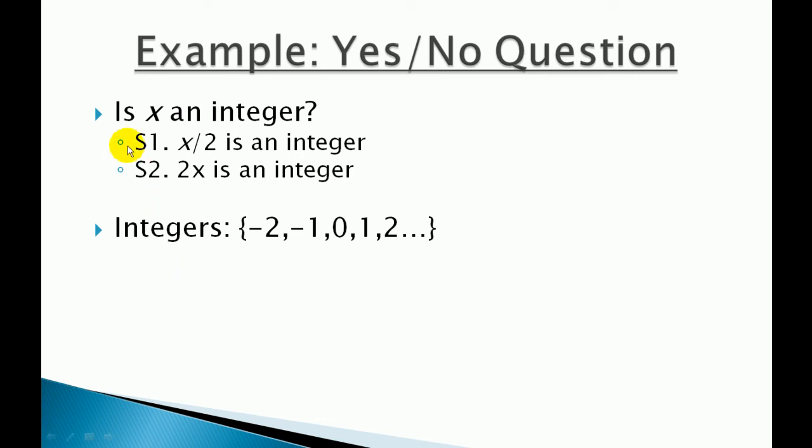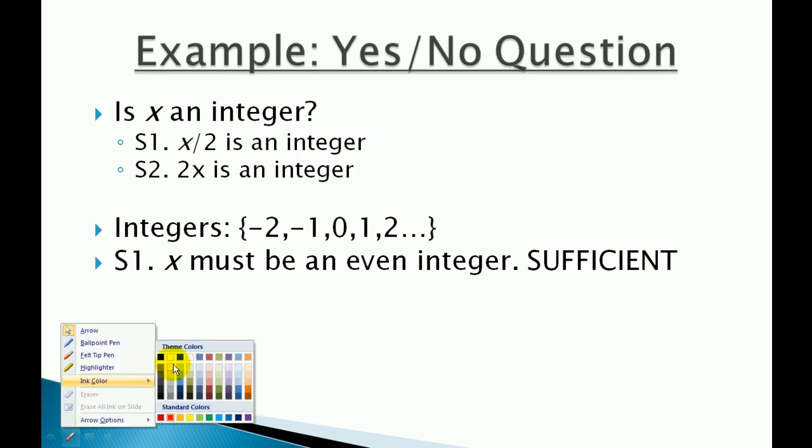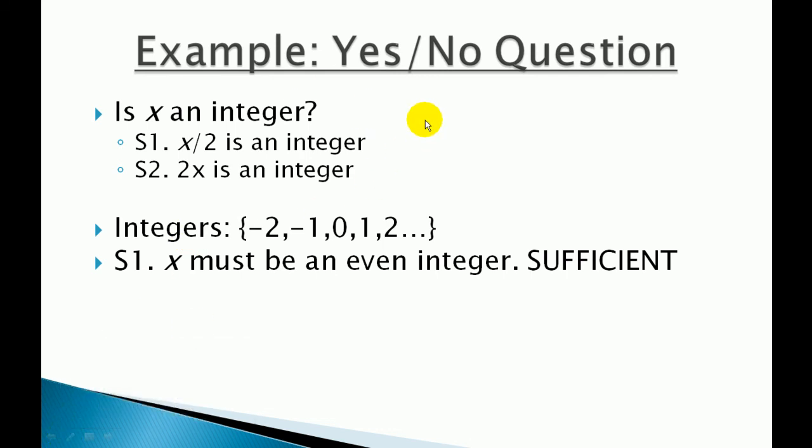Now, as we evaluate statement number 1, it tells us that x over 2 is an integer. And basically what that's telling us is that x itself must be an even integer, because the values that you could plug in for x, where x over 2 is an even integer, are numbers like 4, 8, 12, any values like that.